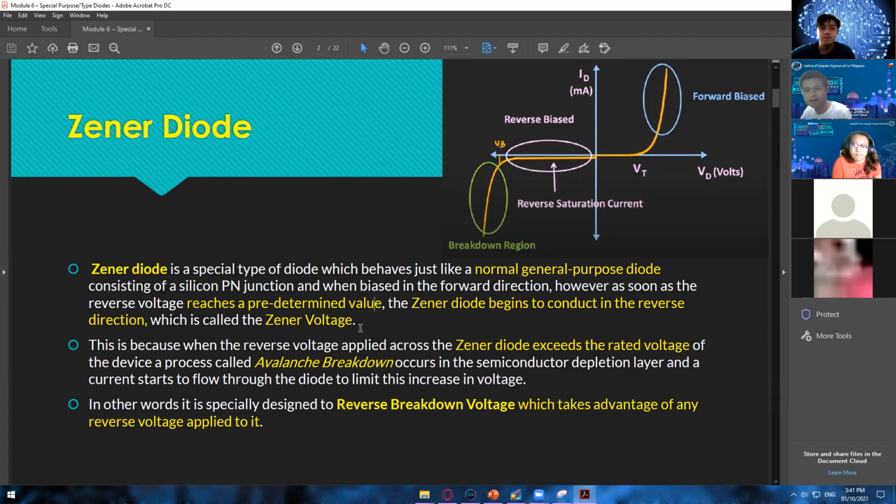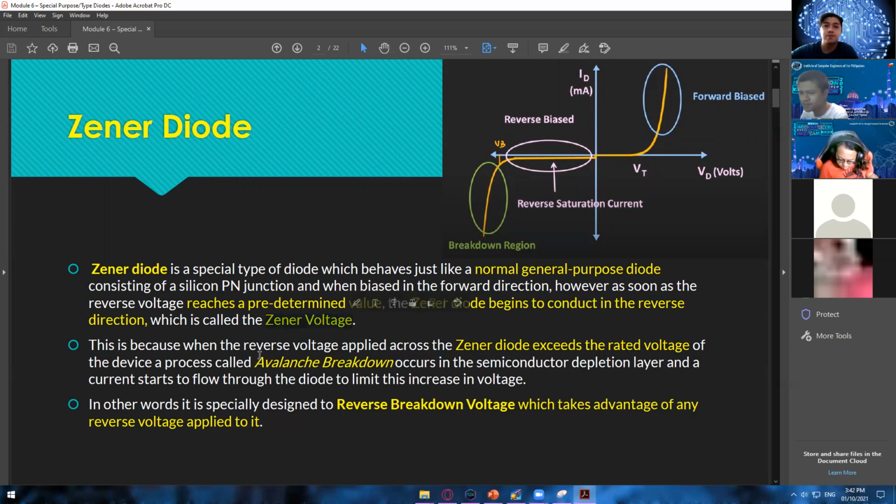Unlike the other diodes that we had before, which completely don't work in reverse and don't permit current, here it will allow current to flow once it reaches this predetermined value. That voltage is called the Zener voltage.